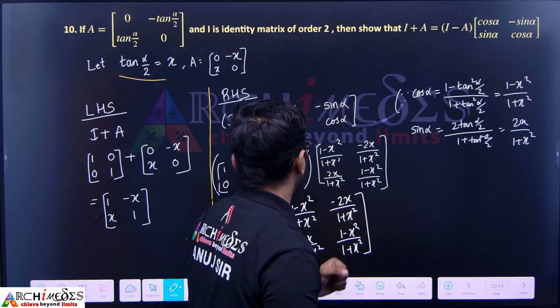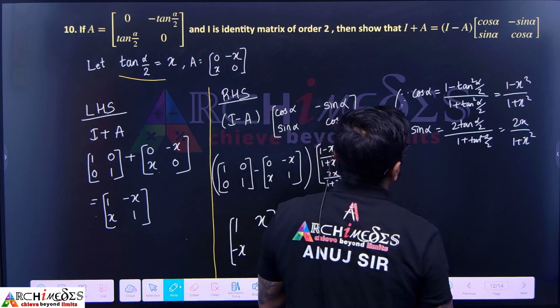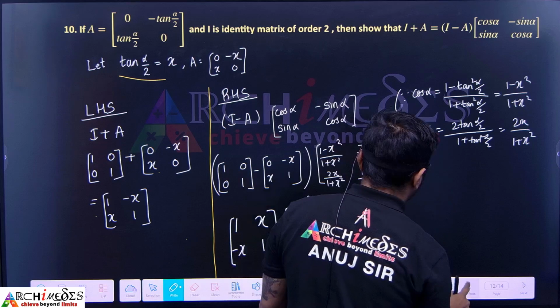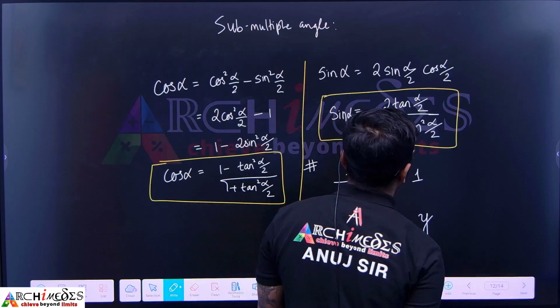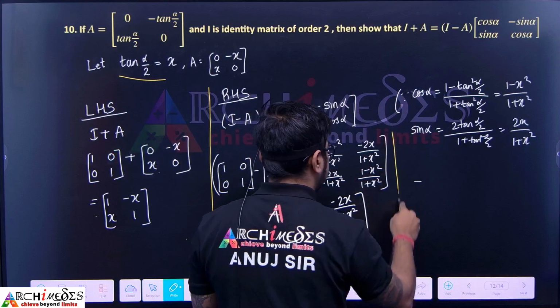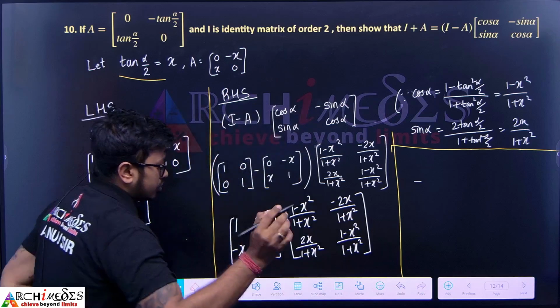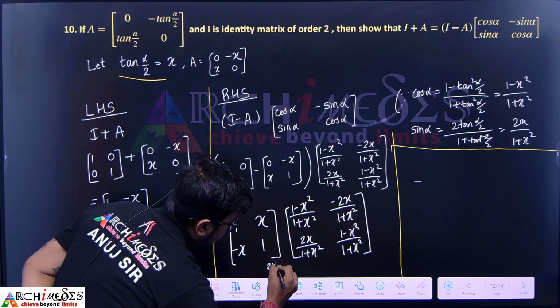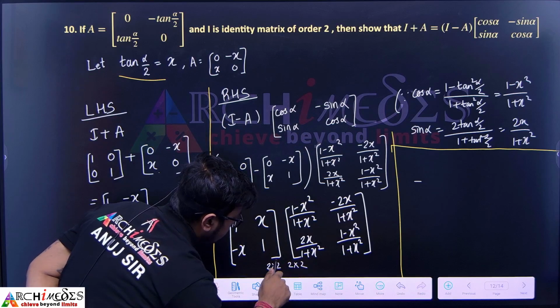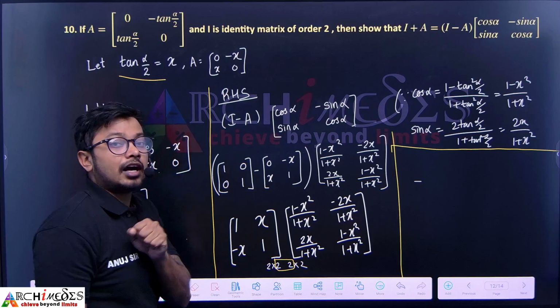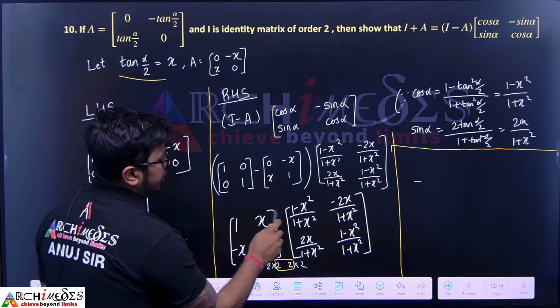So now listen carefully. This is 2 into 2, and this is also 2 into 2. You know how matrices multiply, this into this, yes or no?